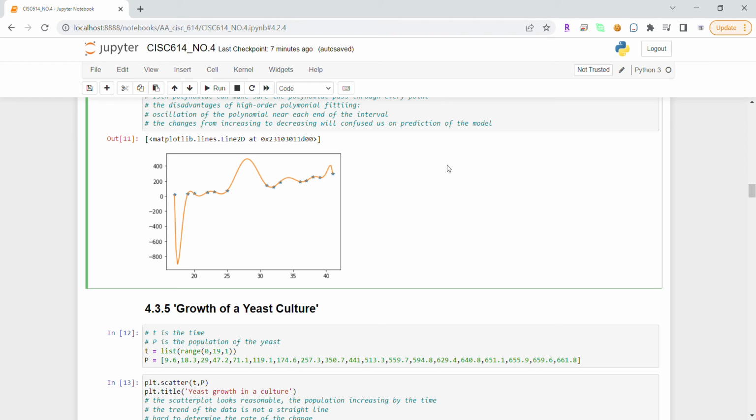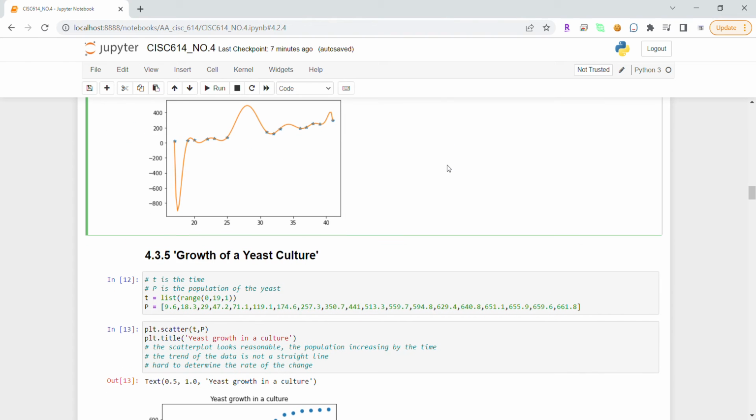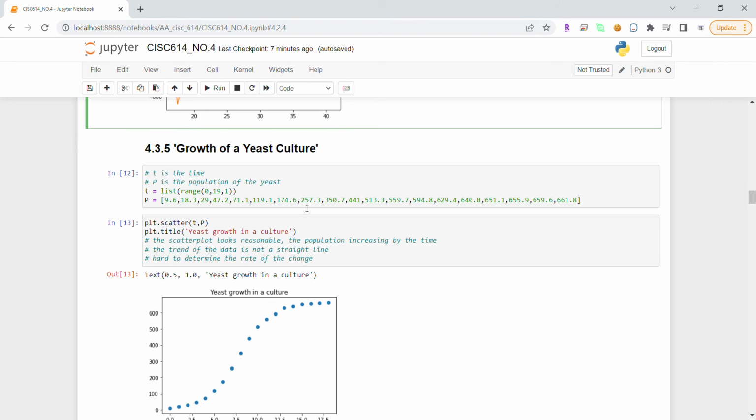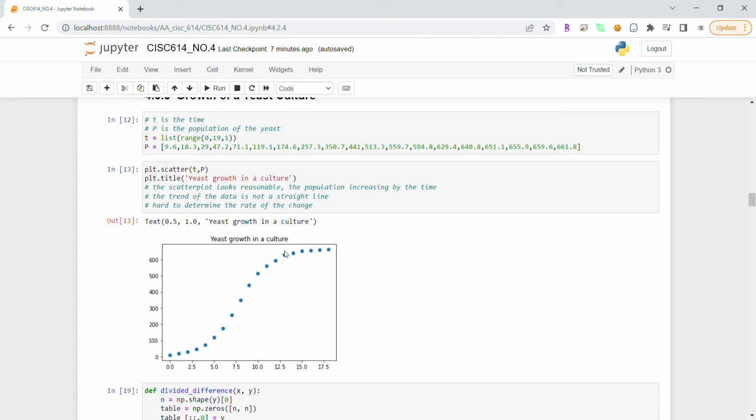The next problem is the growth of yeast culture. T is the time, and P is the population of the yeast. The scatter plot looks reasonable.